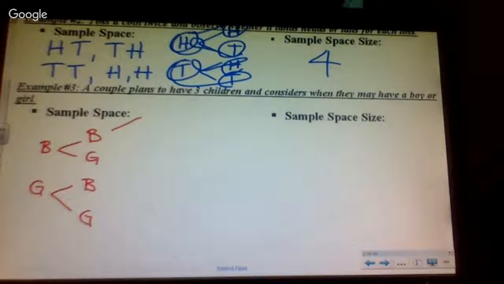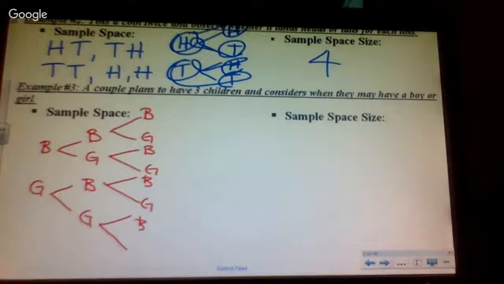Off of these ones, I'm going to have another child. So guess what? We got some more boys and girls. I can have a boy or a girl, boy or a girl, boy or a girl, boy or a girl. Oh, that's a bit much. So these are all of your options. You can have 3 boys, boy, boy, boy.